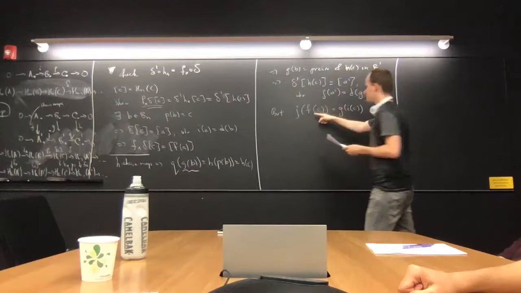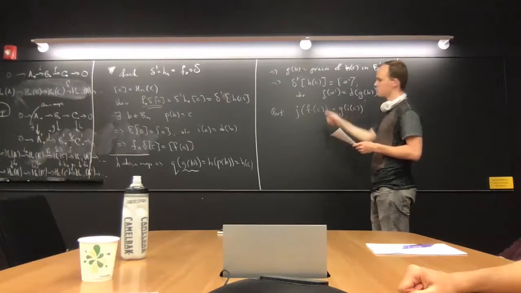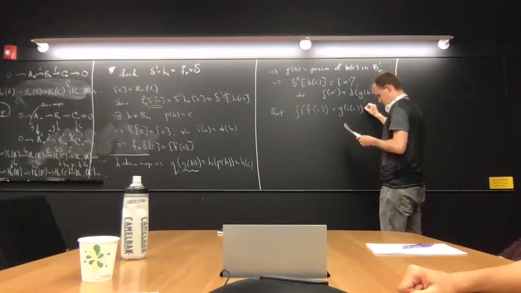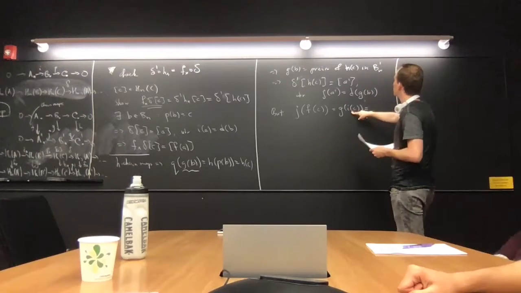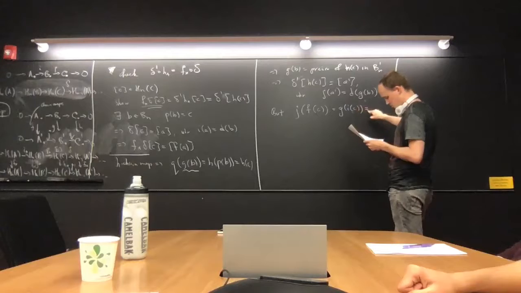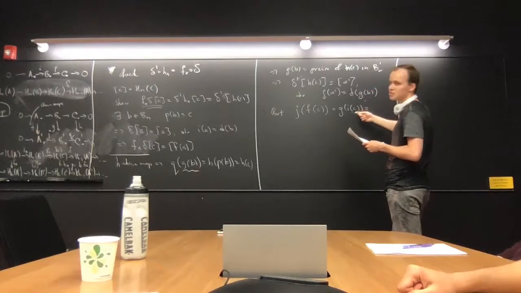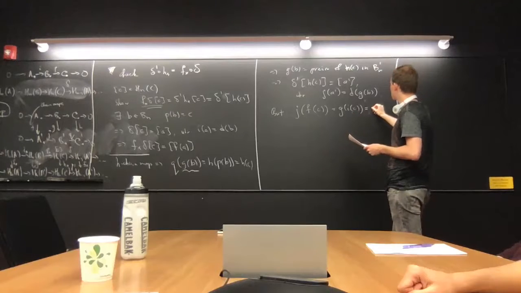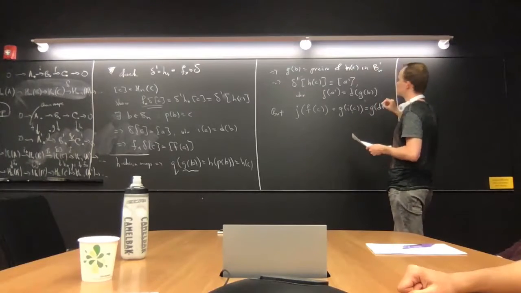Now I'm using again commutativity of the square that involves JF and GI to write that this equals I of C. What is I of C? I of C is D of B, again in the complex, right? D of B.